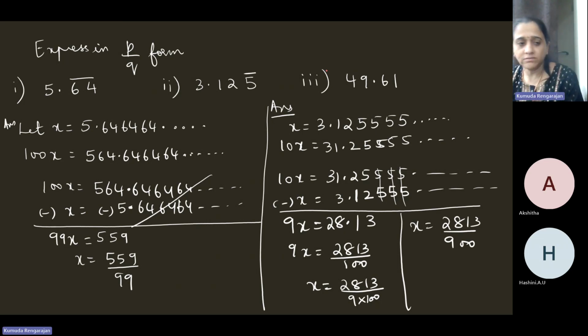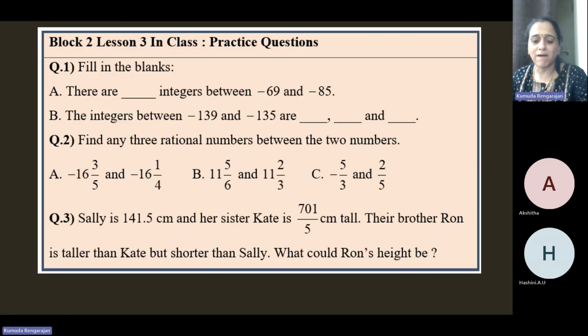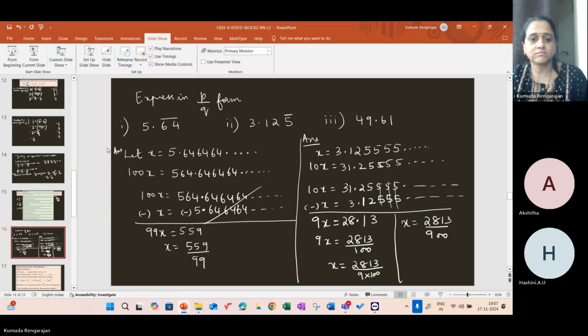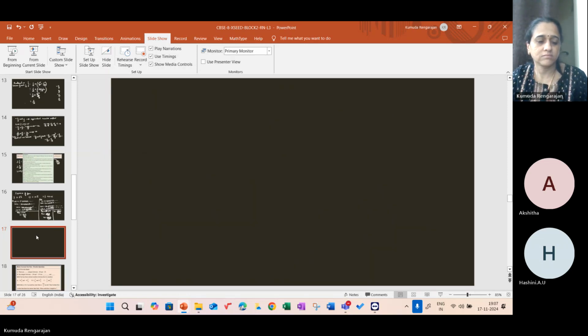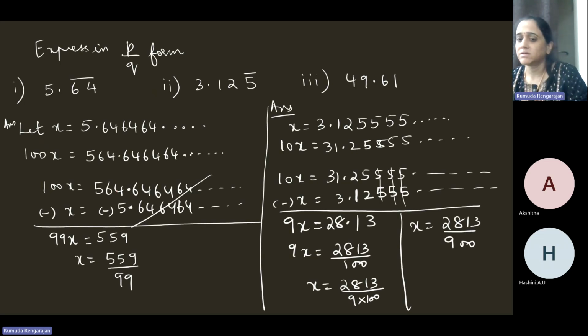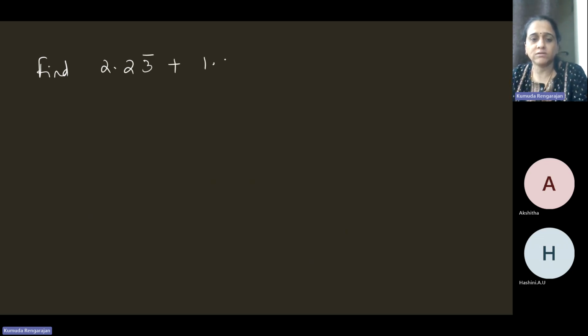What's the answer for the third one? 491 by 100. So when there is no bar, you should use that x method only when there's a bar. Sometimes they'll ask you to find, for example, 2.23 recurring plus 1.6 recurring.